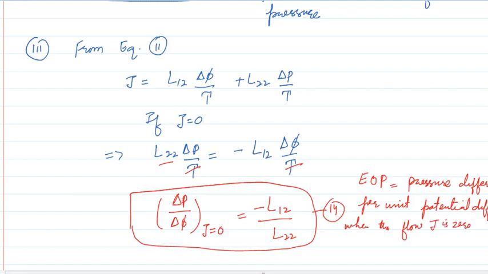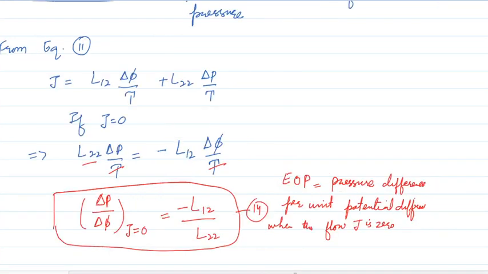So basically electro-osmotic pressure is simply the pressure difference, that means delta P upon the potential difference, that means delta phi, when the flow J is equal to 0. This will be equal to minus L12 upon L22.